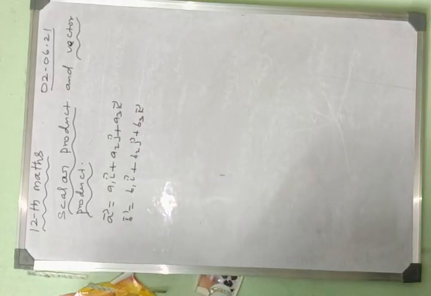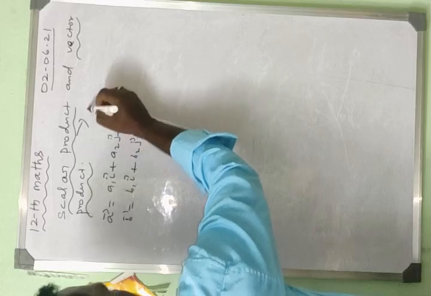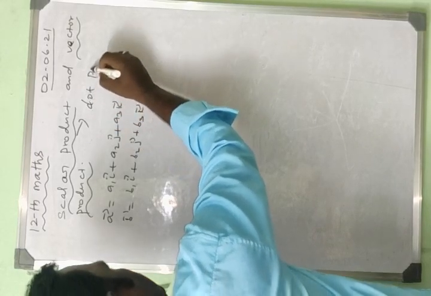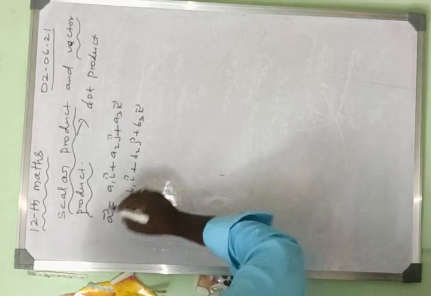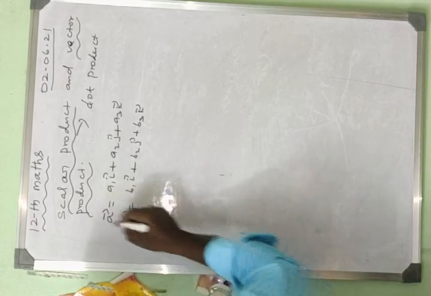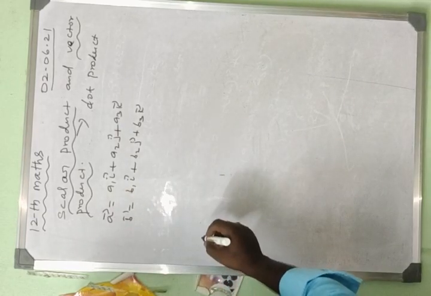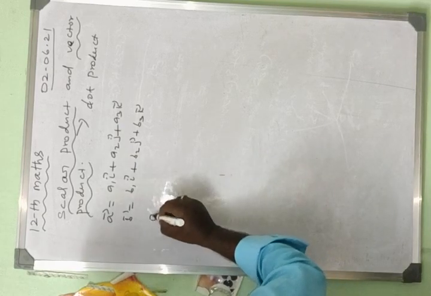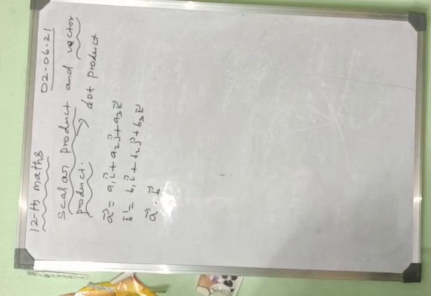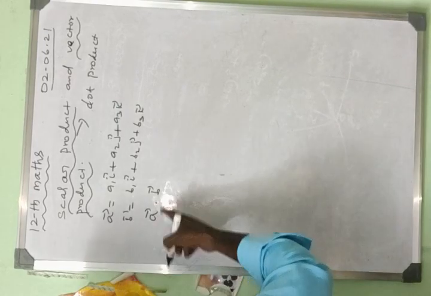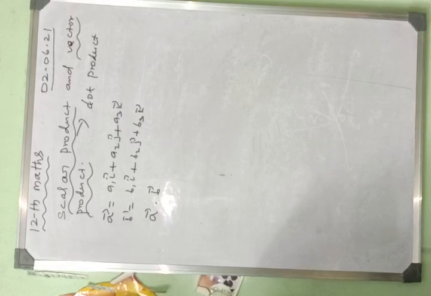The scalar product, another name is the dot product. How to find the scalar product of these two vectors? We write vector A dot vector B. This is the scalar product or dot product.